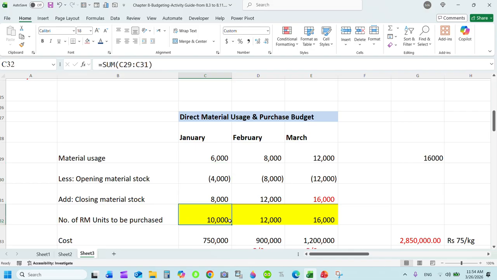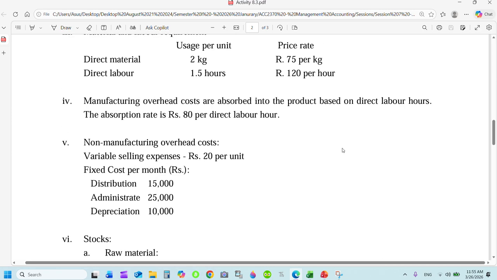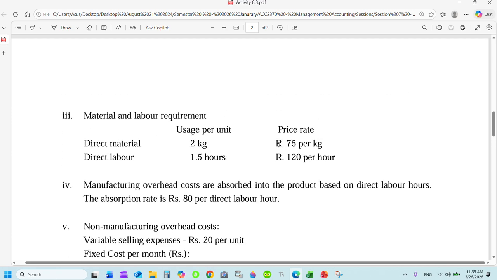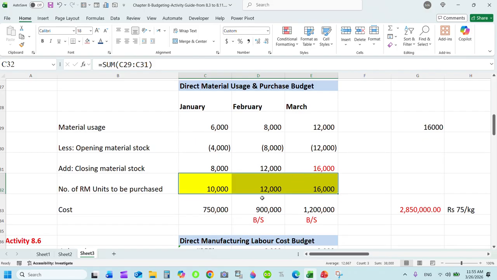So this line represents the number of units to be purchased. And we know the purchase price per unit of raw material. 1 kg costs 75 rupees. Secondly, we can find out the purchase cost.